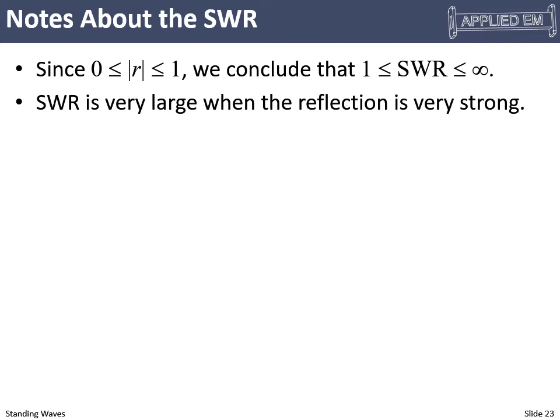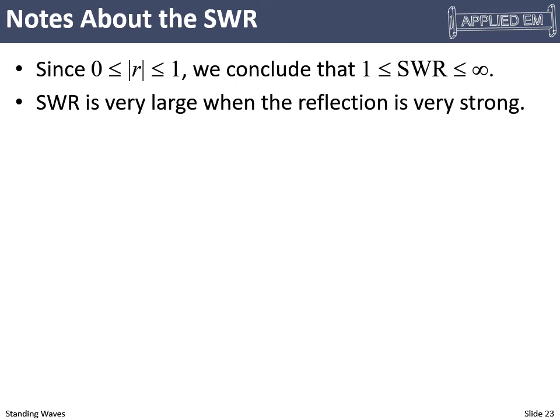When that standing wave ratio is very large, that means our reflection is very strong. When the standing wave ratio is infinity, that does not mean our reflected wave is infinity. That means our reflected wave is 100% of the incident wave. We have a 100% reflection, so it's of equal amplitude to the applied wave.